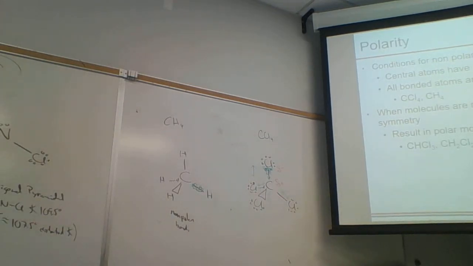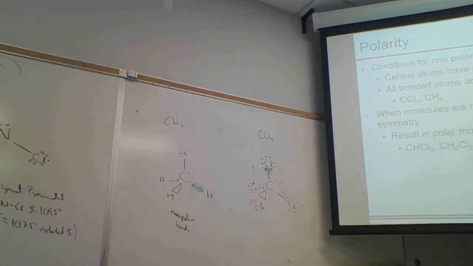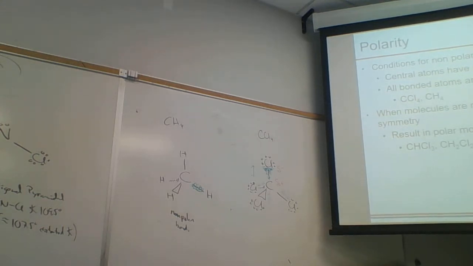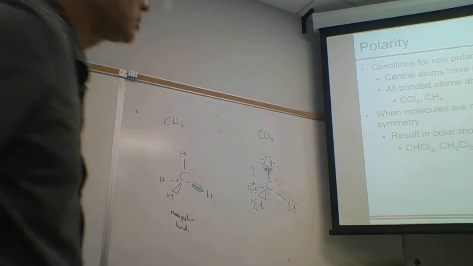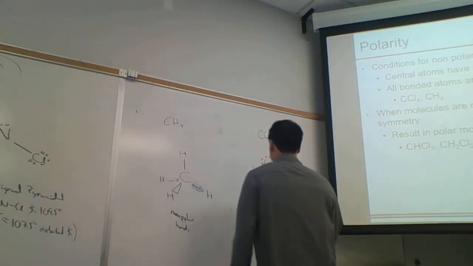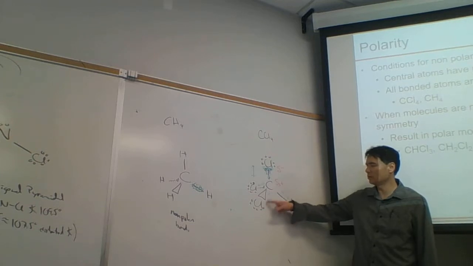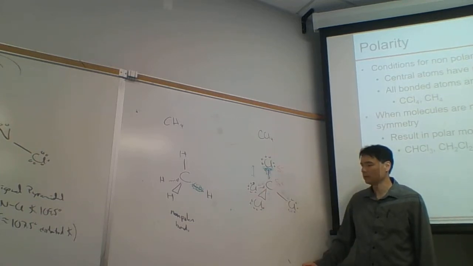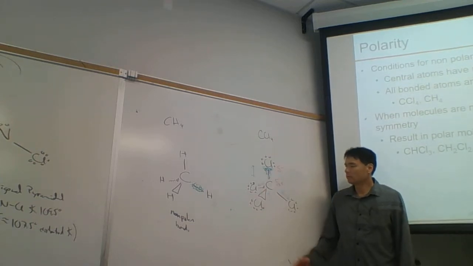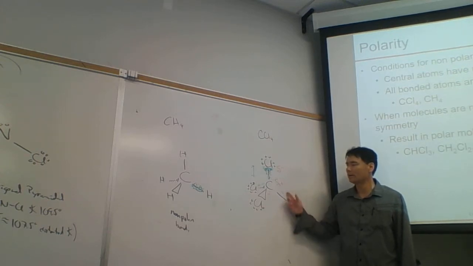Now molecular polarity, we look at it as adding up all the bond dipoles. In other words, this is like a tug-of-war. If there's a tug-of-war here, chlorine's winning. Tug-of-war here, chlorine's winning. However, what we do for a molecular dipole or molecular polarity is we add up all the tug-of-wars.